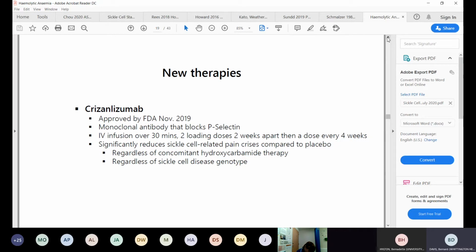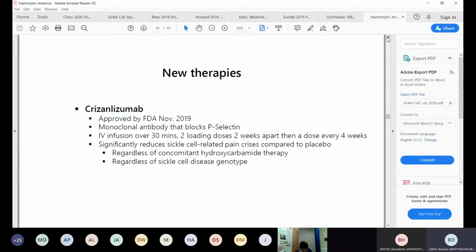So the sickle red cells, especially the younger ones, are abnormally adherent to vascular endothelium. And then you also have interactions between those cells and things like white cells and platelets. All of those play a part in the sickling process. So the role of adhesion molecules has been known for quite some time.